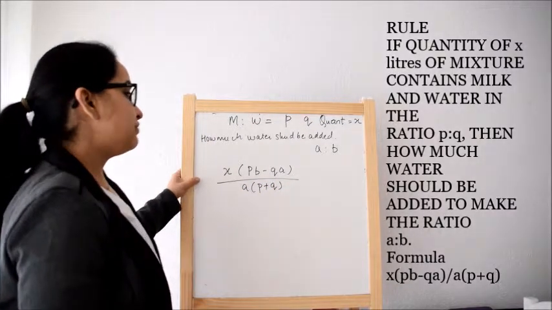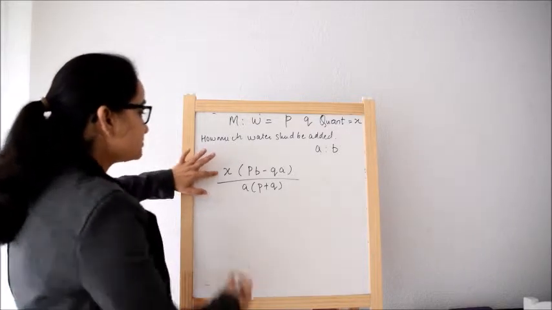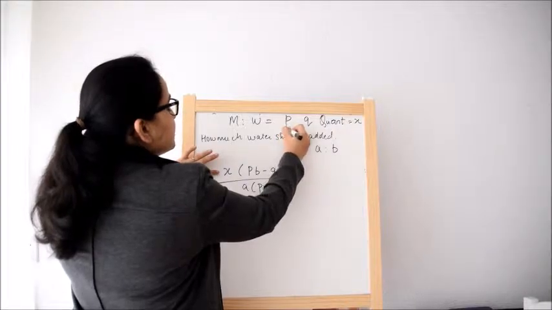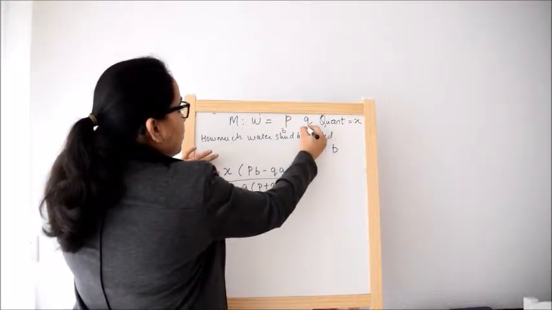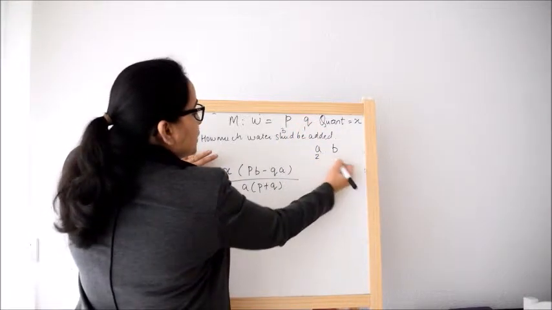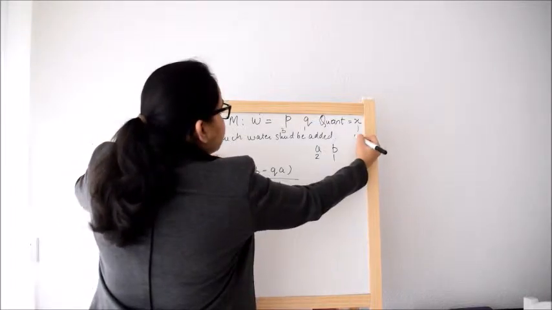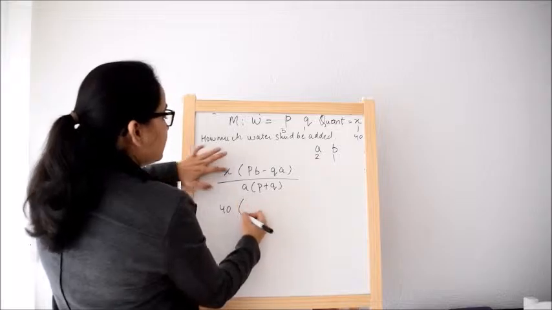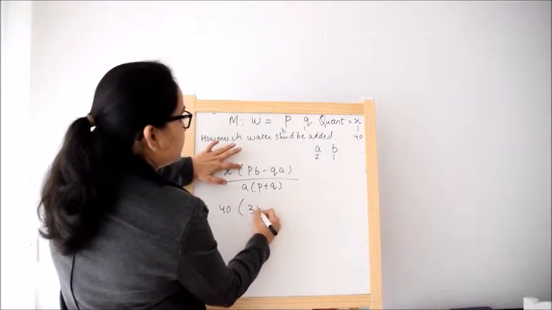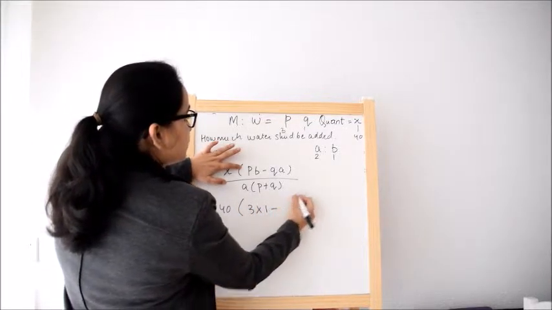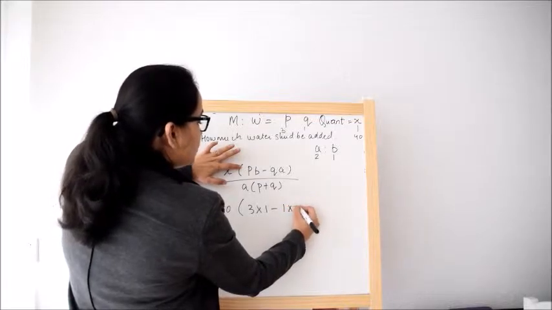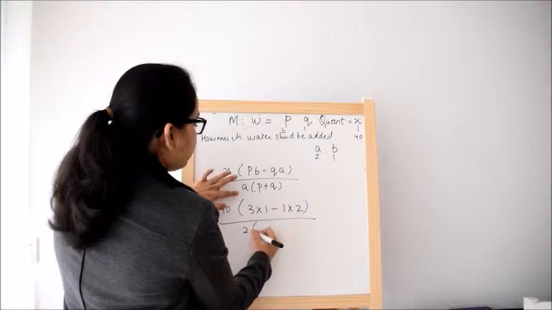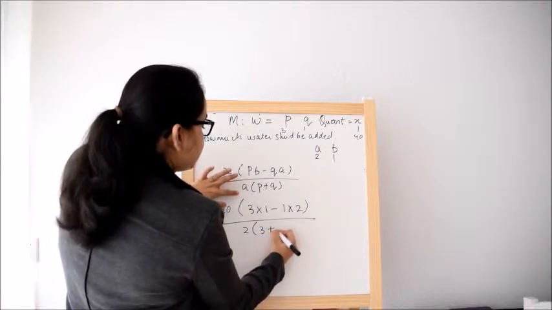Okay, then we have to apply the formula. Here in our case, this was 3, this was 1, this was 2, this was 1, and this was 40. Okay, so x is 40, P is 3 into 1 minus 1 into 2 upon A is 2, 3 plus 1.